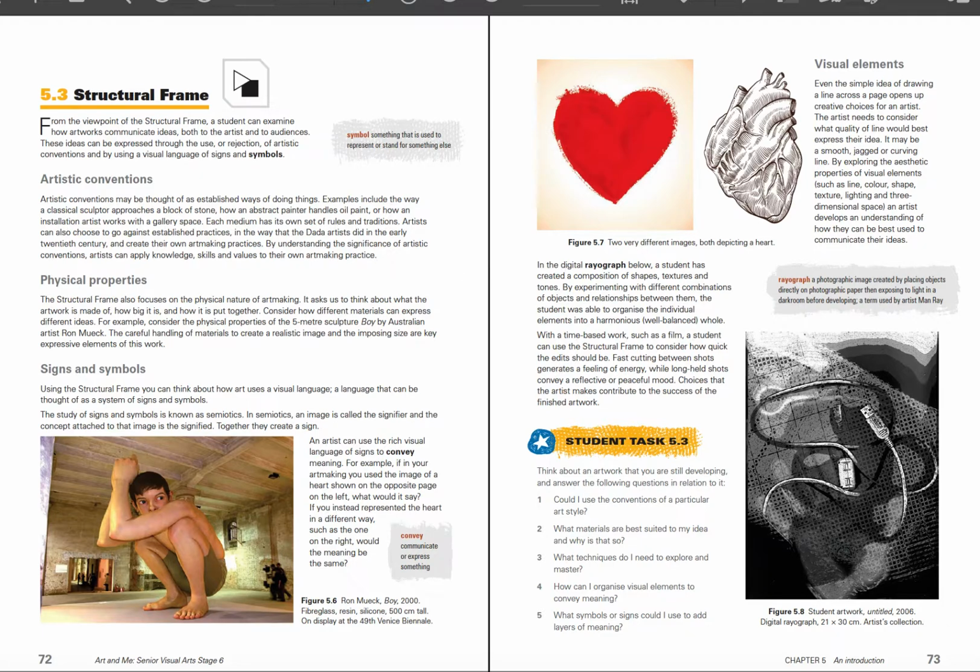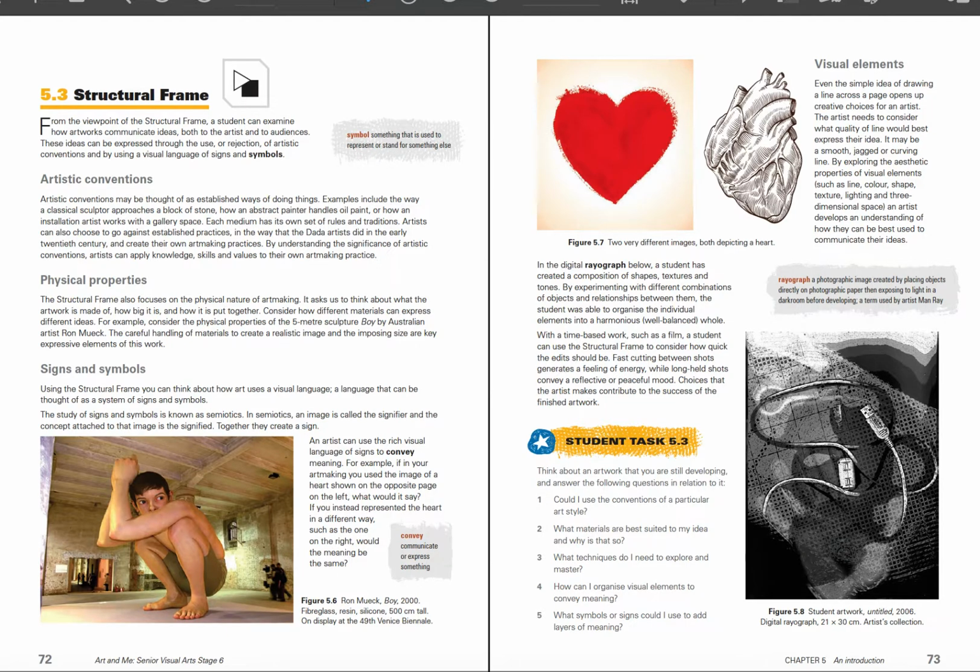Without those two, it's very hard to have a refined, sophisticated artwork. And that's our aim, because we are exhibiting not only to the HSC markers. You have your final exhibition, your Year 12 exhibition. That's the end game, to have a sophisticated, refined artwork worth showing to the public.